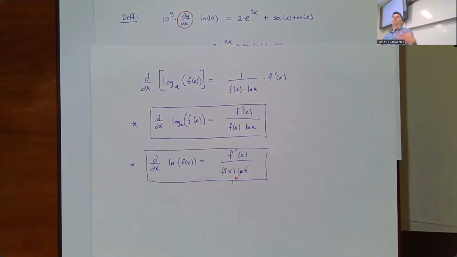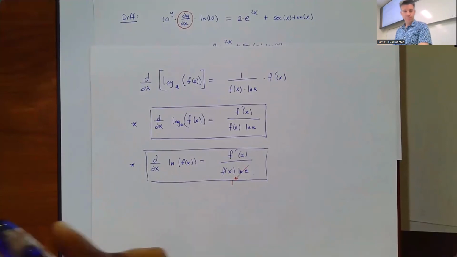So these are the rules for taking derivatives of things with different bases. And essentially, if it's exponential, the additional step is to multiply by the natural log of the base. If it's logarithmic, the additional step is to divide by the natural log of the base. That's kind of it.